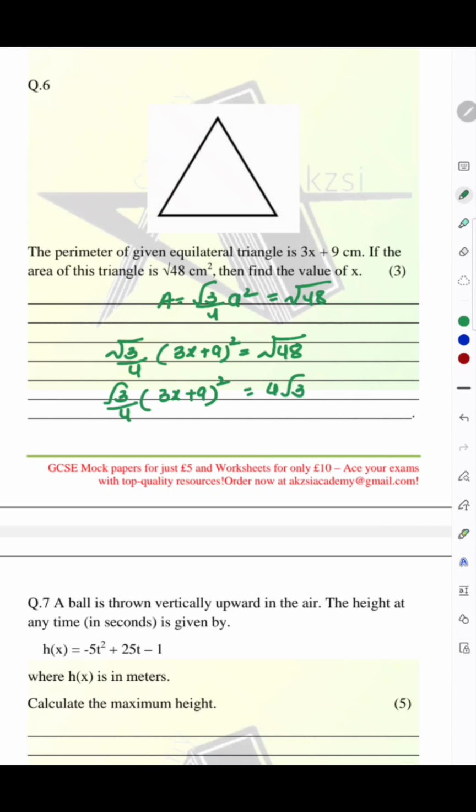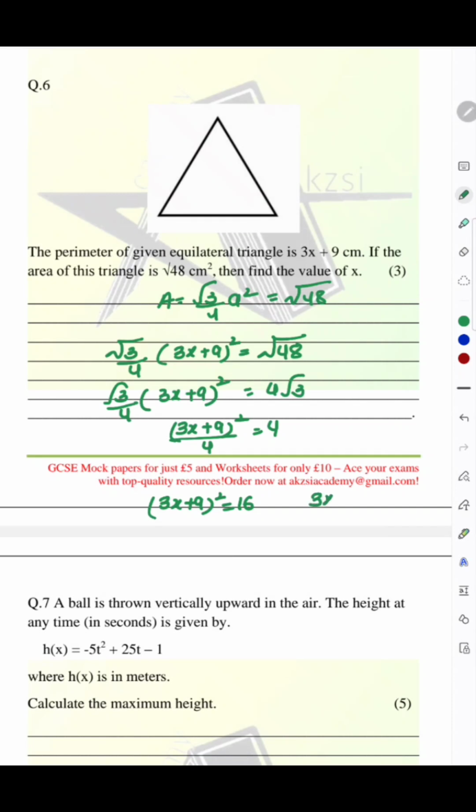Divide both the sides by root 3, you will get 3x plus 9 whole squared by 4 is equal to 4. Now multiply both the sides by 4. We'll get 3x plus 9 whole squared is equal to 16. Either you can just expand this bracket and convert it into a quadratic and get the value, or right here take the root, which is way simpler.